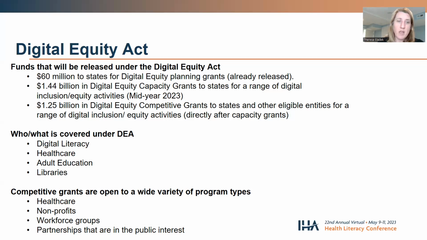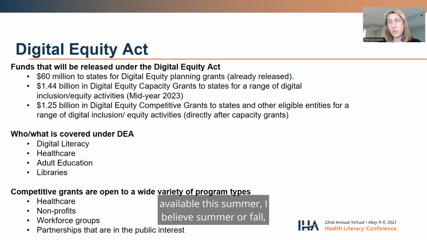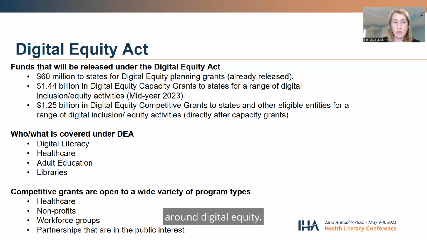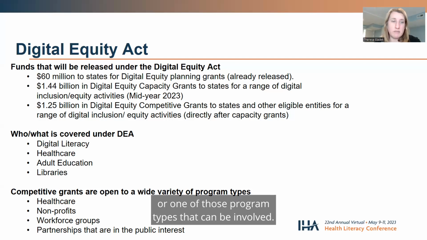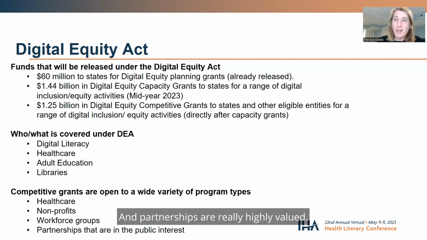There are also going to be competitive grants available this summer, I believe, summer or fall, directly to organizations from the federal government around digital equity. And again, healthcare is one of those program types that can be involved. Partnerships are really highly valued.